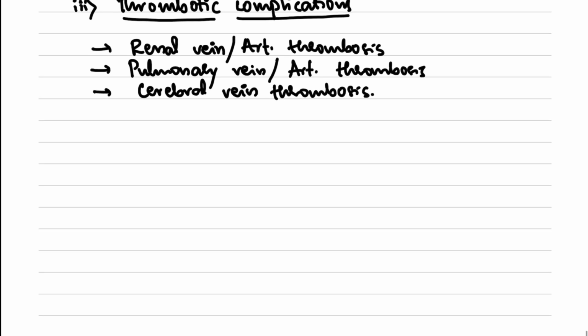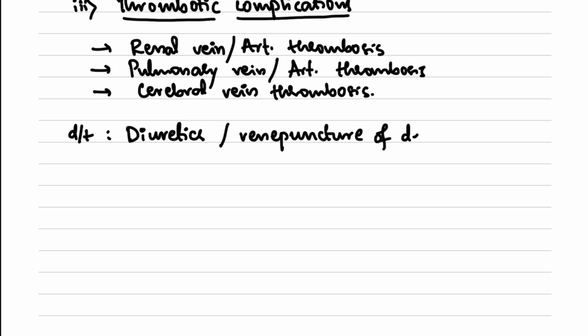These thrombotic complications are mainly due to the patient using diuretics. Diuretics lead to hypovolemia and trigger the hypercoagulable state. It can also be due to venipuncture of deep veins during any procedure. And the major cause will be hypovolemia.